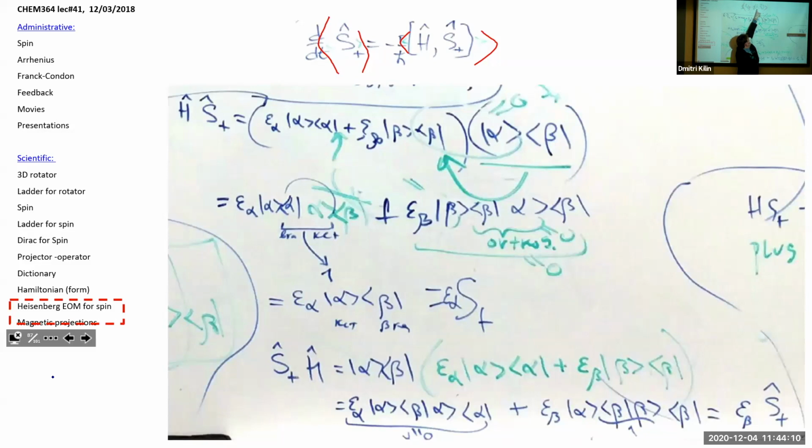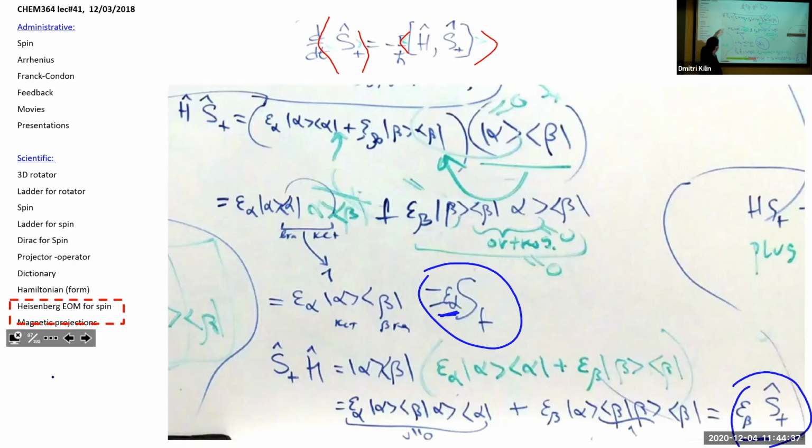We need to find the commutation between the Hamiltonian and this operator. If one carefully practices it, then we do H with S plus and then S plus with H, and one will obtain the same operator, but the factor will be the energy of state alpha and the energy of state beta. If you subtract these two things, we put the operator out of brackets, and inside the brackets it will be the energy difference between the states.